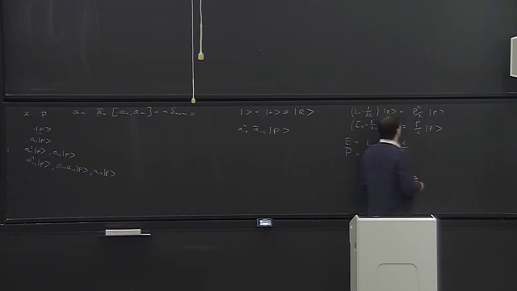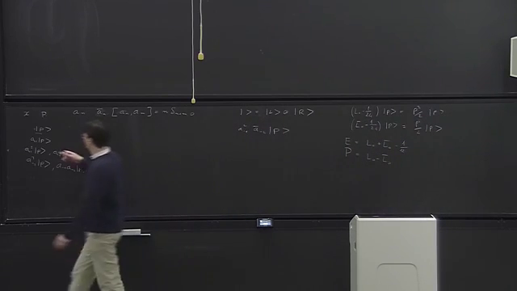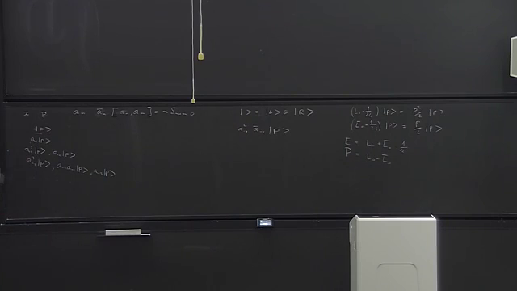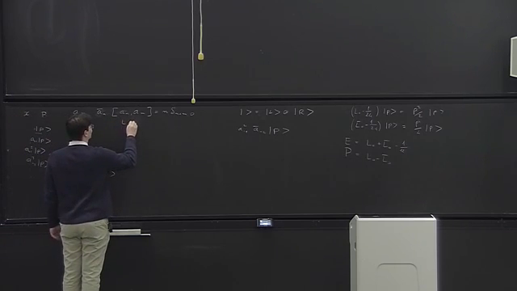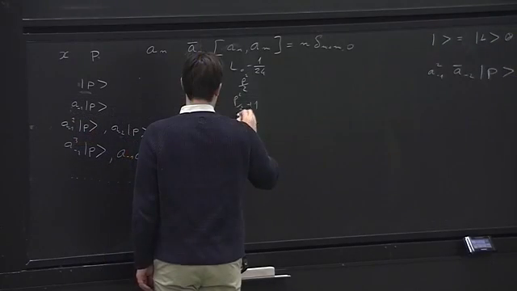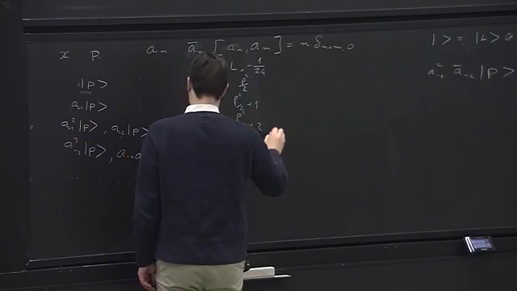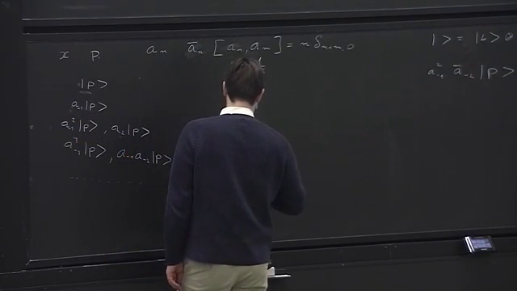Every time you act with one of these modes, you raise the energy by 1, by 2, by 3. So if you look at L0 minus 1 over 24 for these states, you get P squared over 2, P squared over 2 plus 1, P squared over 2 plus 2, P squared over 2 plus 3.